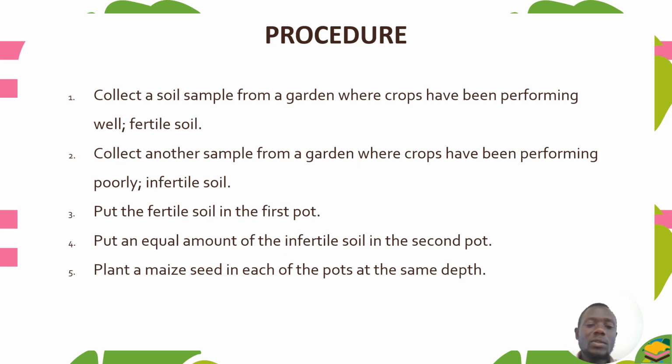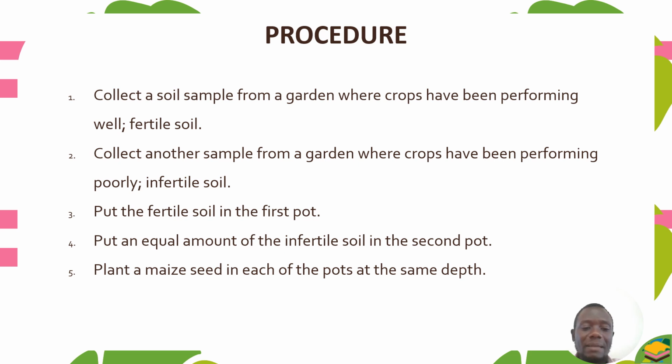Then you put the fertile soil in the first pot, and put an equal amount of infertile soil in the second pot. So you have two pots: one filled with fertile soil, the other with infertile soil.